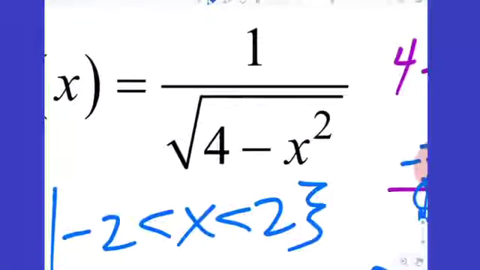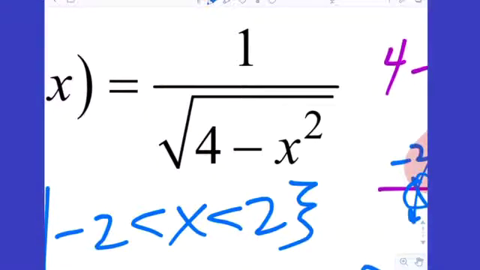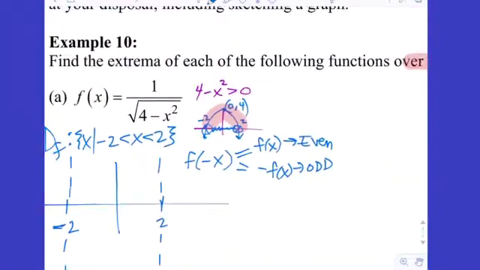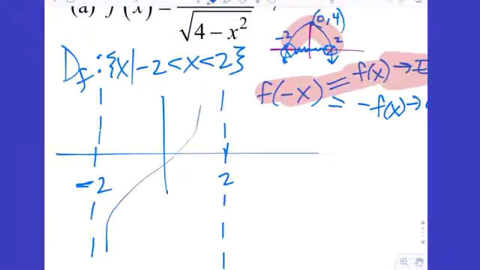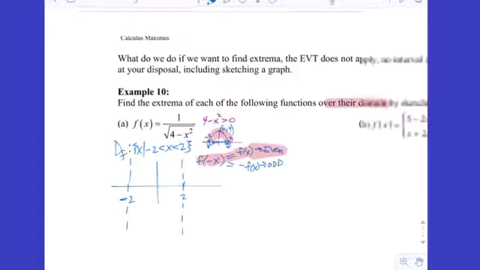Plugging in a positive x or a negative x here is irrelevant. You get the same thing, so it has to be an even function with y-axis symmetry. That's good to know, because I know the graph cannot look like this, because that would not have symmetry. It's either going to open up on both sides and have an absolute min, or open down on both sides and have an absolute max, because of the symmetry.